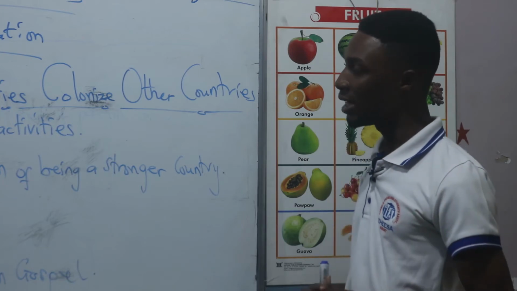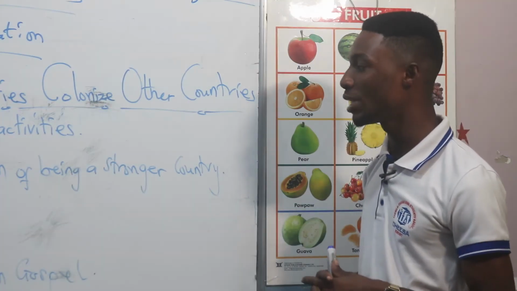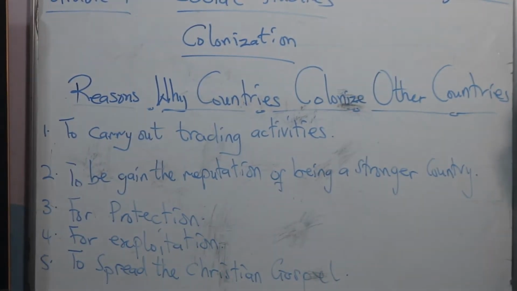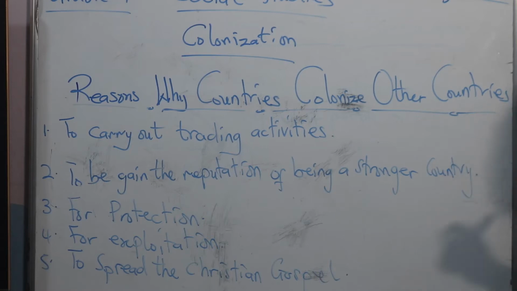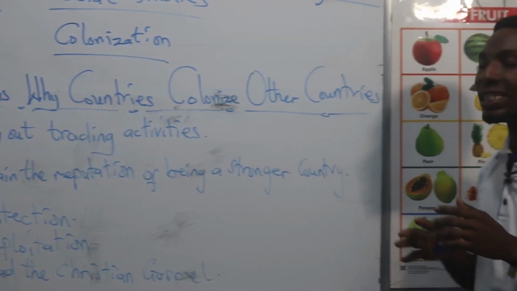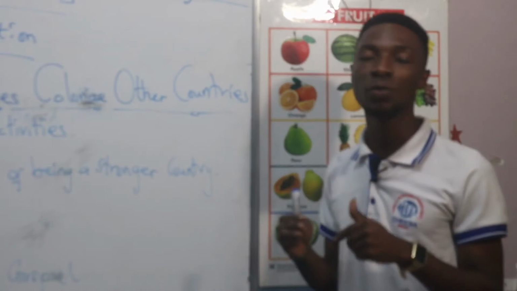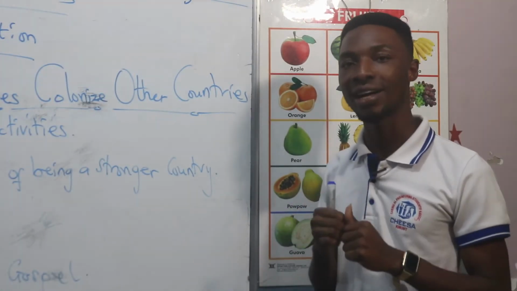The next reason is for them to be able to gain the reputation of being a stronger country. It was known that countries that had colonies were the strongest ones. So they wanted that power, they wanted that name, they wanted that reputation as being considered as stronger countries.